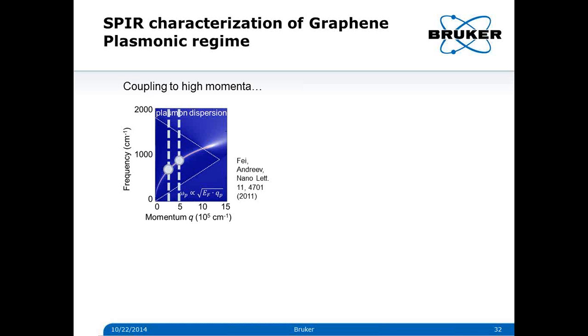And plasmons are also interesting for photovoltaics, or if you want to transfer energy from one point to another, then plasmons might be a way to do that in the future.